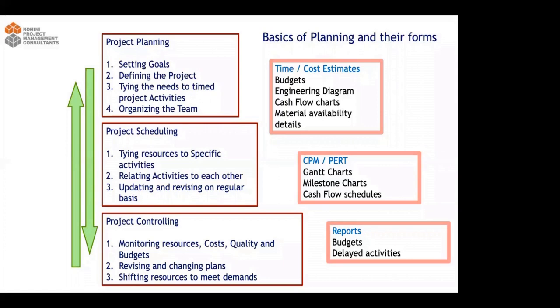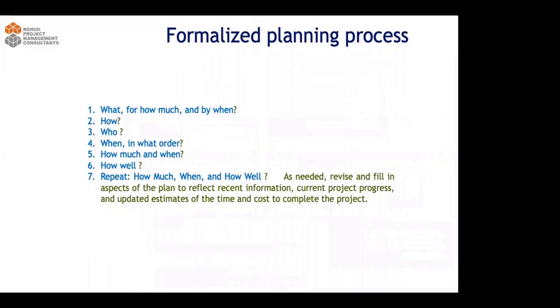Now, for doing all this, there are certain ways. How do we do it? There is a process, and that process is formalized by asking these questions. If you want to do any task, you can ask: for what, for how much, and by when?